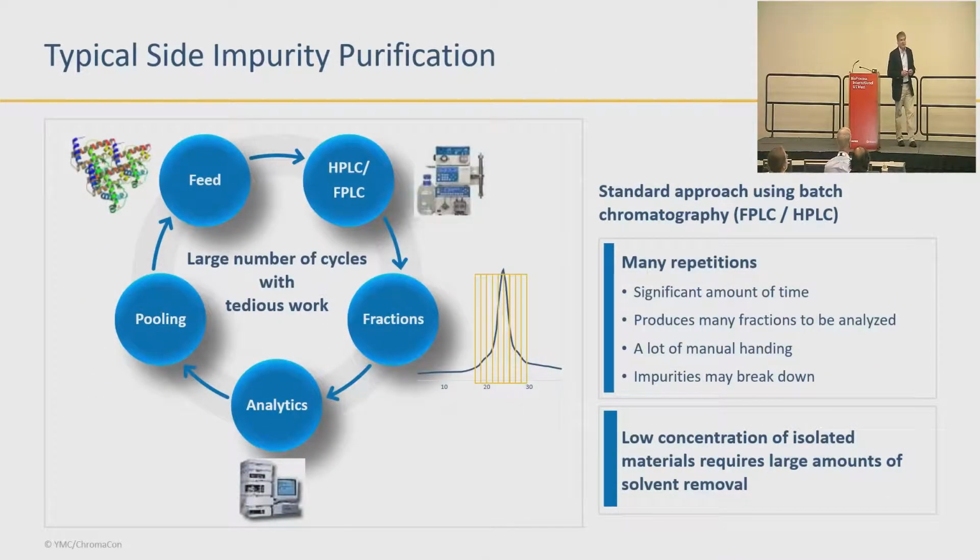So typically how that's done, and this isn't novel, this has been done forever with chromatography, is you start with a feed and then you run the chromatography on it, you collect a bunch of fractions, you do the analytics on those fractions, you see where your material is, then you pool all of those together and then you just repeat it over and over and over again.